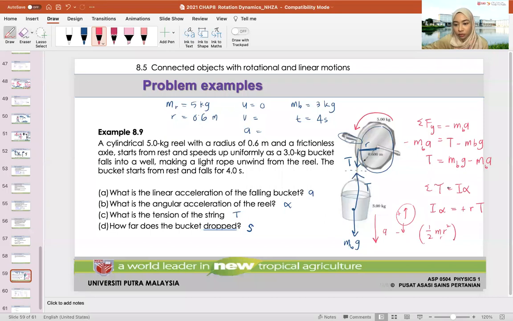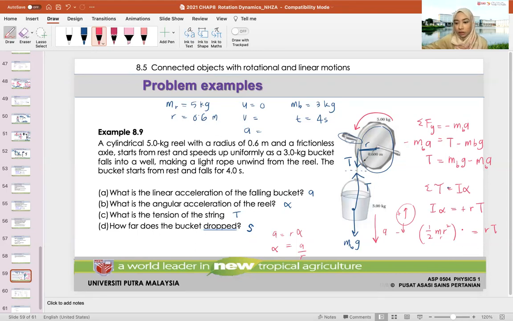I want to solve for linear acceleration, so I need to substitute alpha with linear acceleration. So A equals R alpha, therefore alpha is equal to A over R. So let's do that.